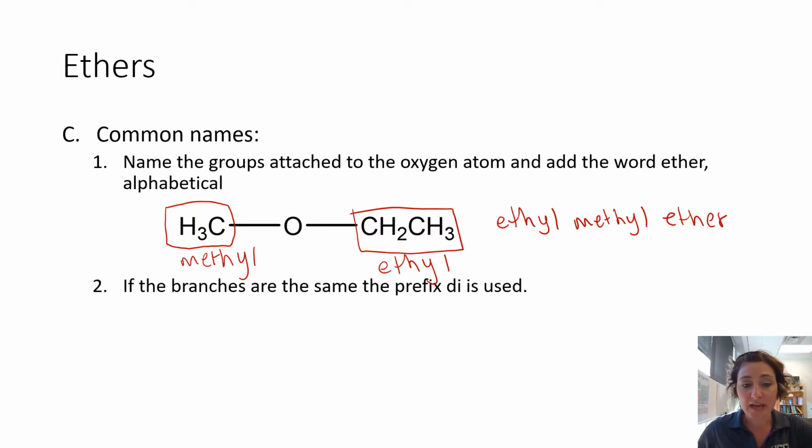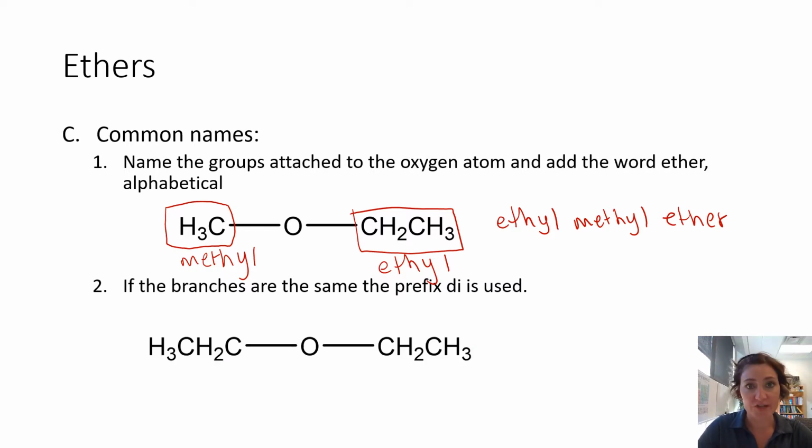Sometimes you may see an ether where you have the same branches on each side. So instead of saying ethyl ethyl ether, which is really redundant, we can just say diethyl in this situation. It just gave you the answer to the question that popped up, so let's pretend we didn't know the answer already.